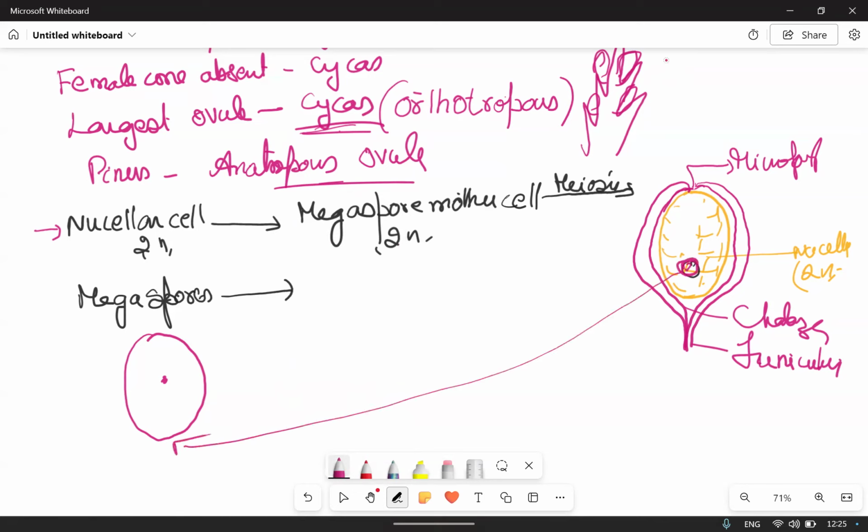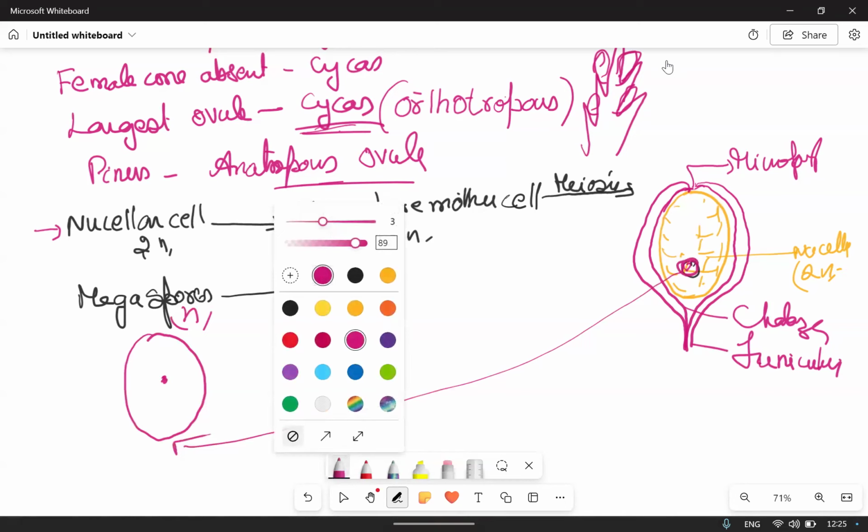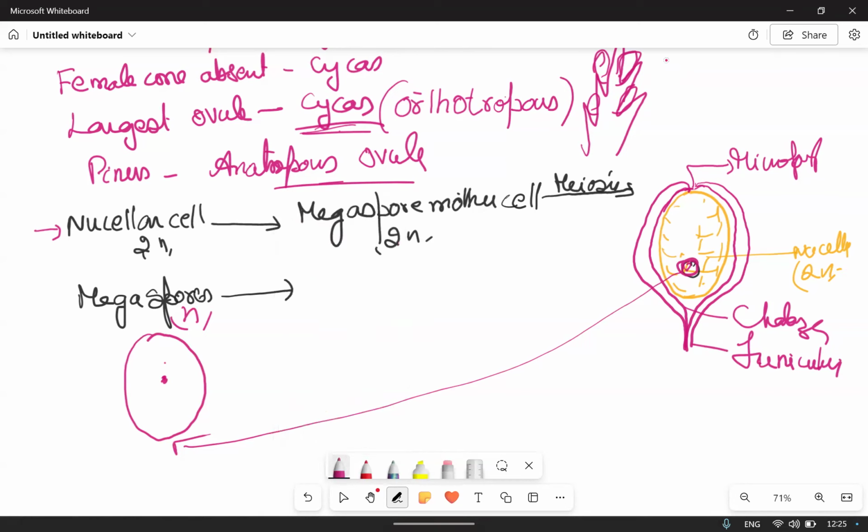This megaspore is haploid. The megaspore nucleus undergoes 3 nuclear divisions. It undergoes the first mitosis, and these also divide again.